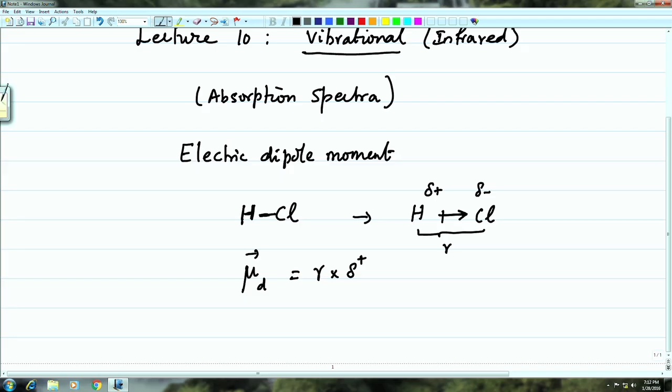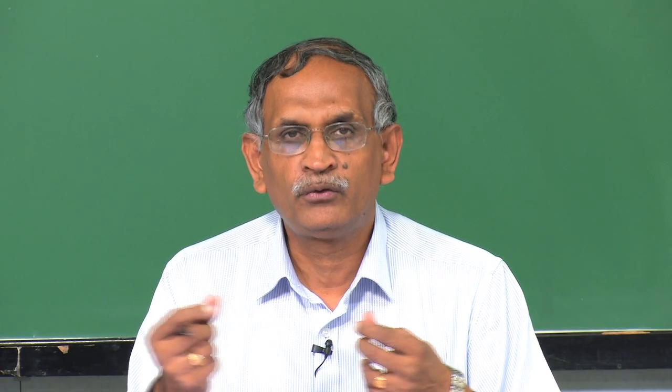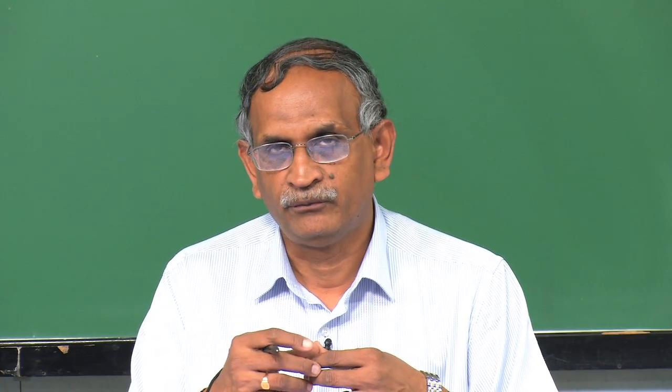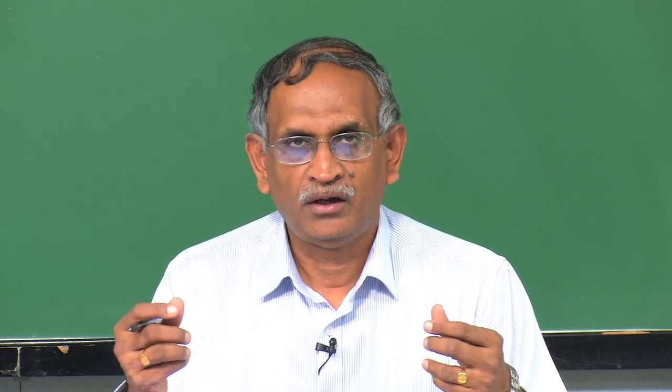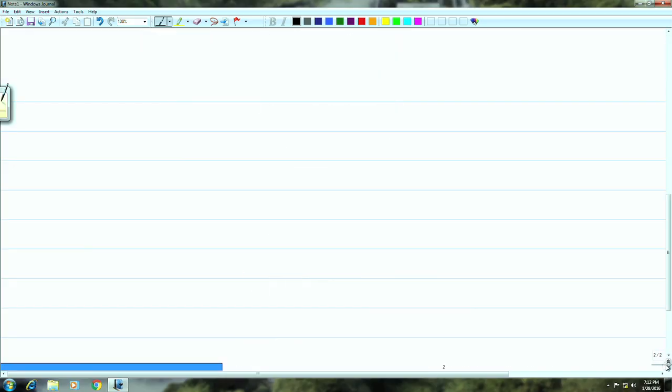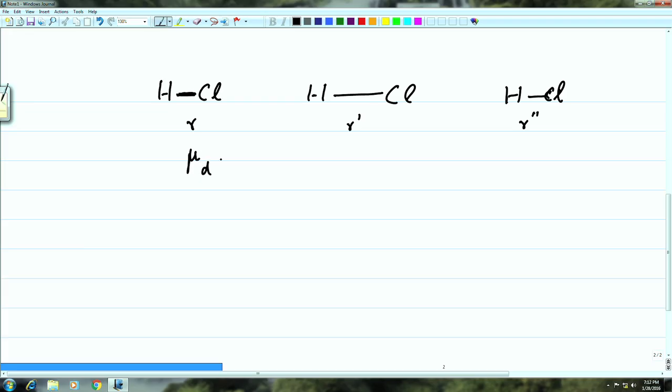Dipole moment is an extremely important quantity, and in the case of a diatomic molecule, the oscillation of the atoms about the equilibrium positions results in the dipole moment oscillating in values. For example, if you think about HCl undergoing molecular vibrations to give a slightly larger distance and a shorter distance, then the R here becomes R prime and some other value, and the dipole moment mu d changes.